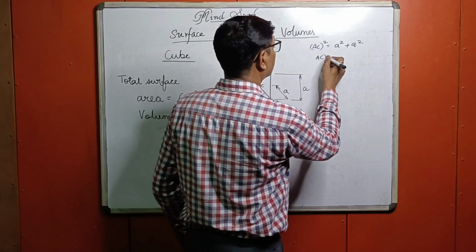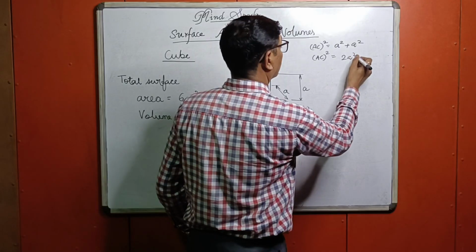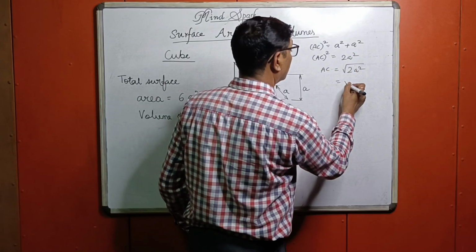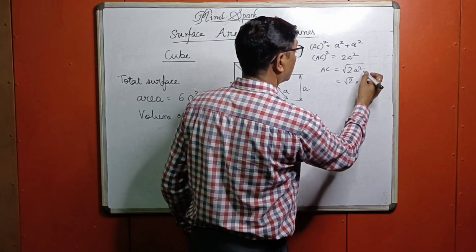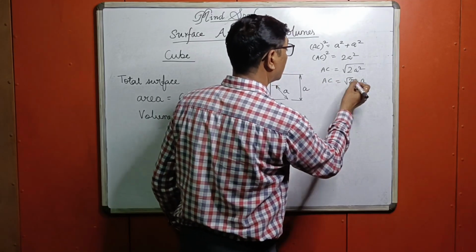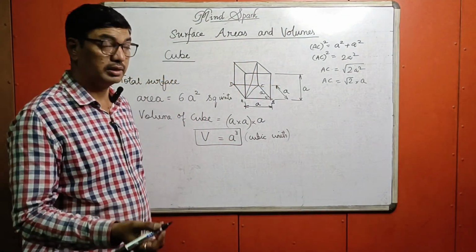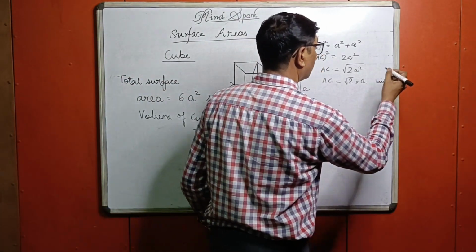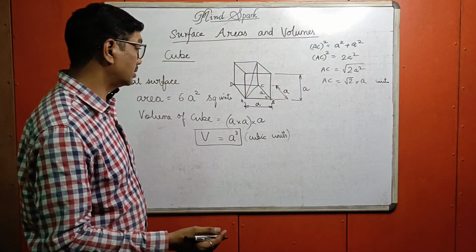That is AC square equal to 2A square. That is AC equal to square root of 2A square, that is root 2 into A, as the square and square root cancel. So AC is equal to root 2 into side. That is the length in your units, like centimeter or meter, whatever they give there.